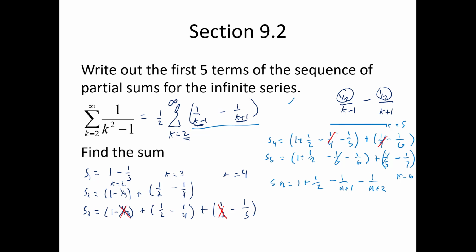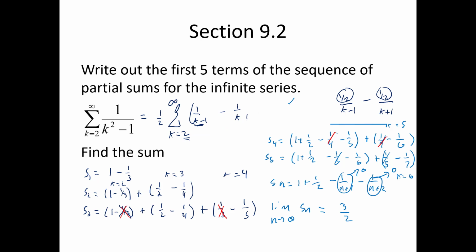And so now the way we can find our infinite sum is by taking the limit as n goes off to infinity of S sub n. And when we do that, these go to 0 and you get 3/2. And so that is your sum.